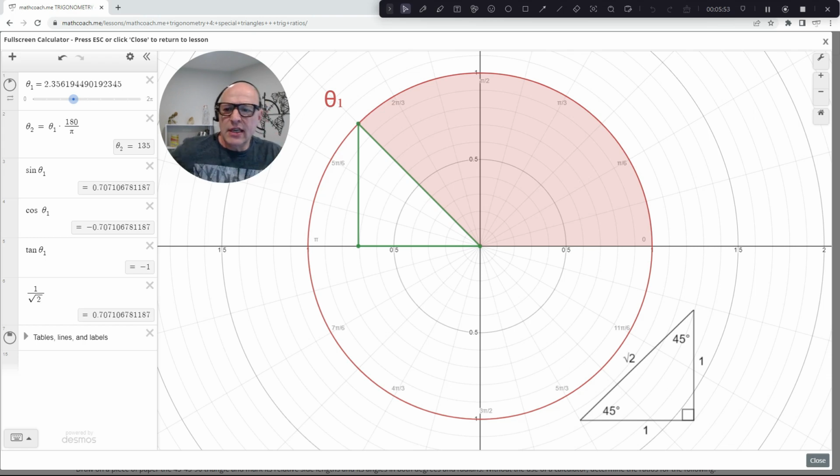Okay, let's take a look at, as we did earlier, this angle. So this is the 135 degree angle. Okay, so that's 45, 90, add another 45, and we arrive here at 135 degrees.